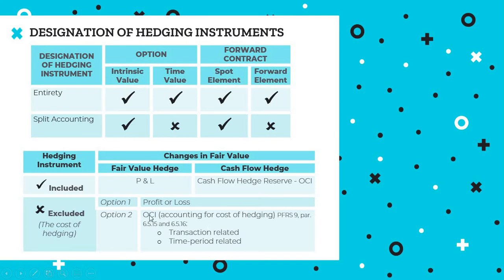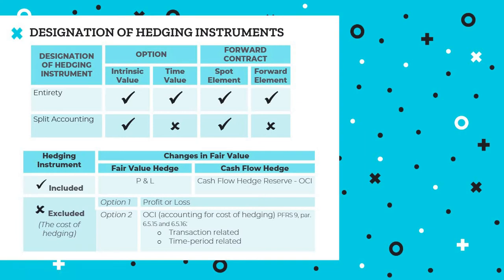Etong OCI na to na tinutukoy dito for the cost of hedging is not part of the cash flow hedge reserve. Pareha silang nasa OCI pero magkaiba sila ng classification. Ito, yung ginagamit for hedging instrument, ito naman is not related to the hedging instrument kasi nga excluded siya sa hedging instrument.